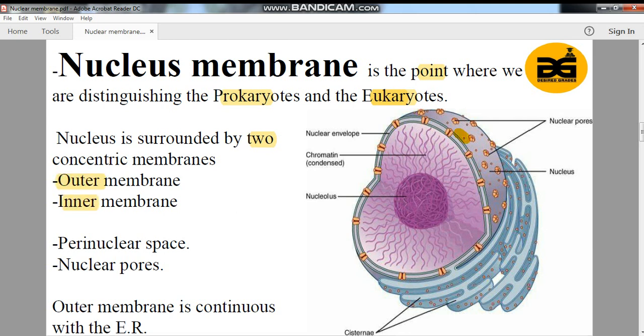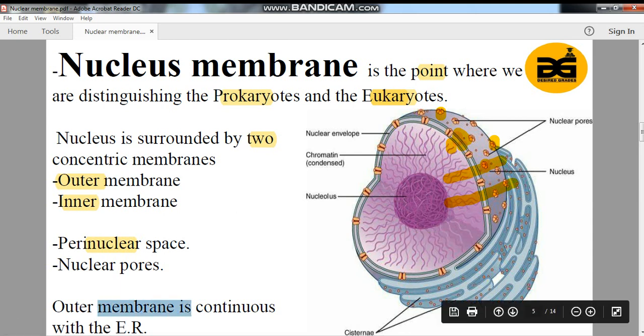Here this is the outer membrane and this is the inner membrane. The space between these two membranes is called the perinuclear space. This whole membrane contains the nuclear pores, and these nuclear pores are the site from where the exchange of material from the nucleus to the cytoplasm and from the cytoplasm to the nucleus takes place.